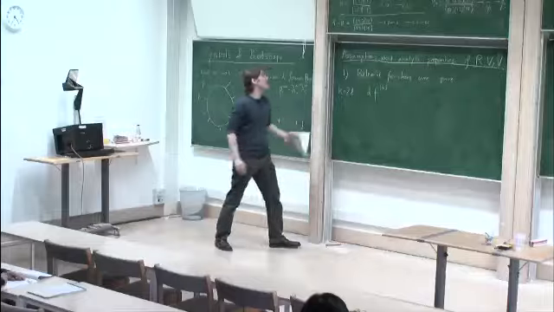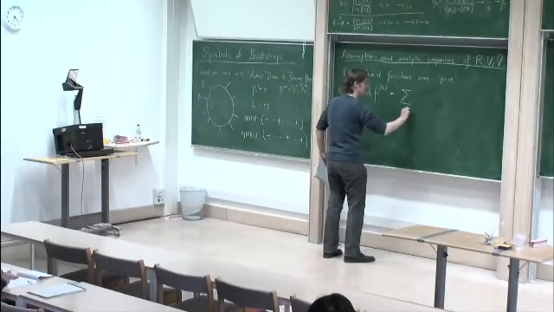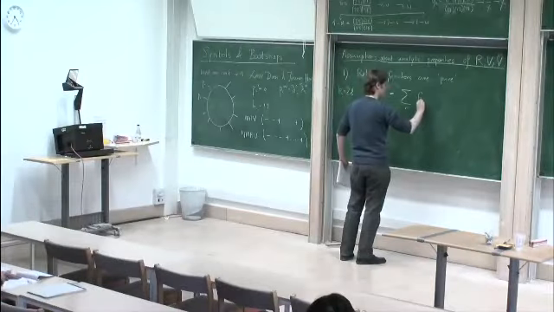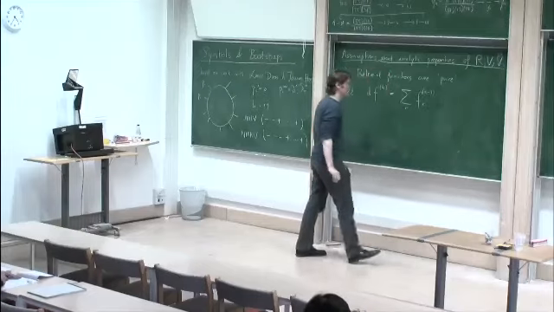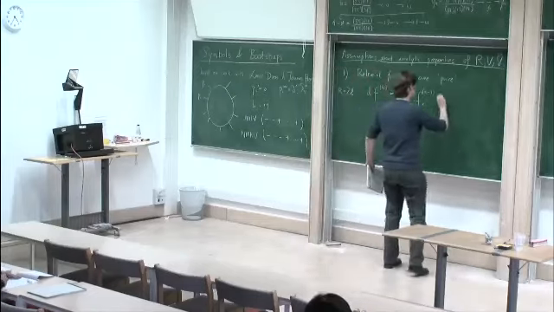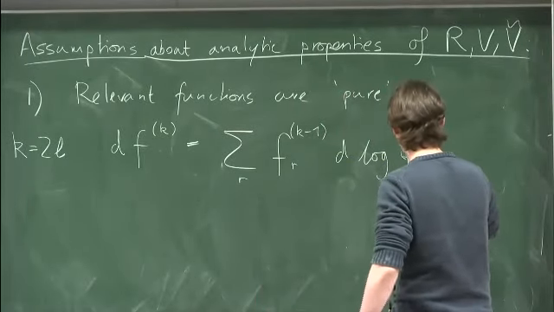More generally, for a function of degree k, when you take its derivative, it's always expressible as a finite sum over functions of 1 lower degree times d log of some algebraic function phi r.